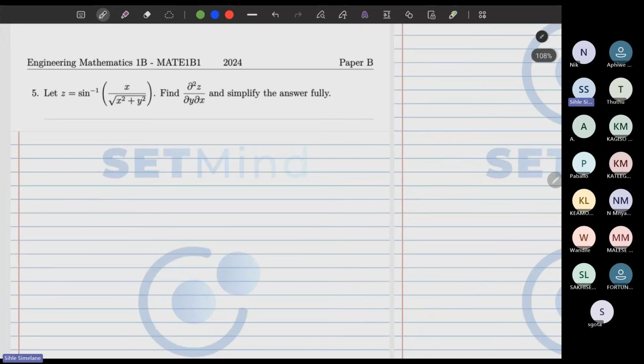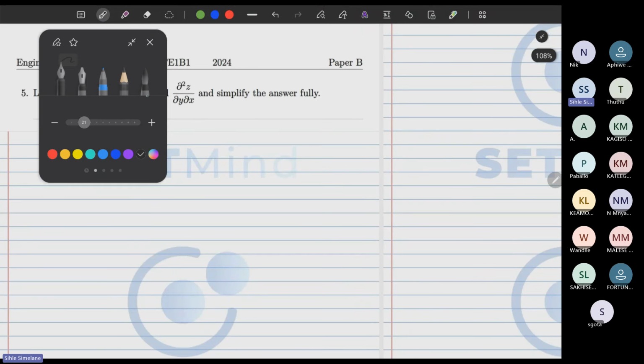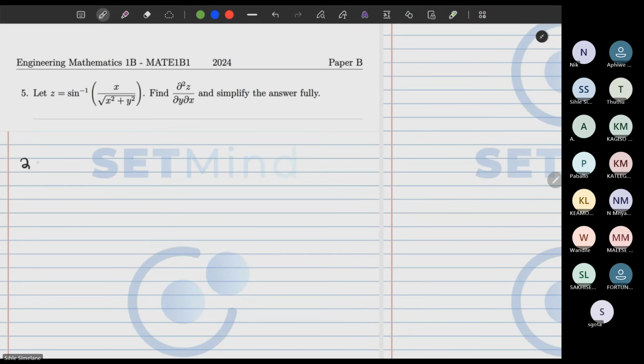So what is your understanding of this notation, guys? Any one of you, what do you remember when you see this? What does it mean? What does the notation mean?